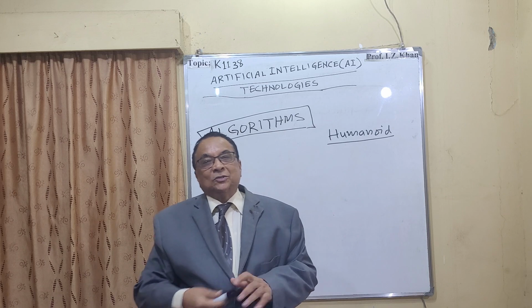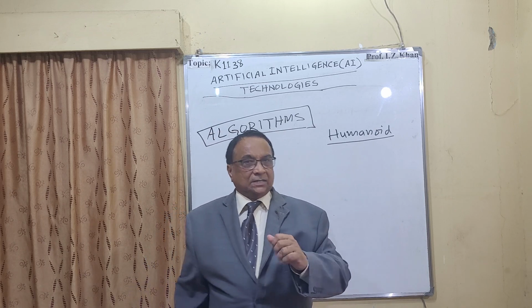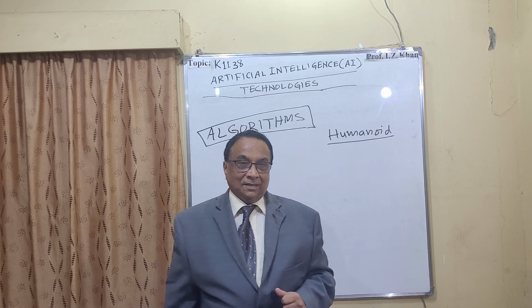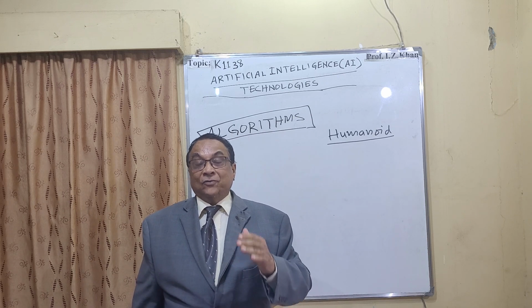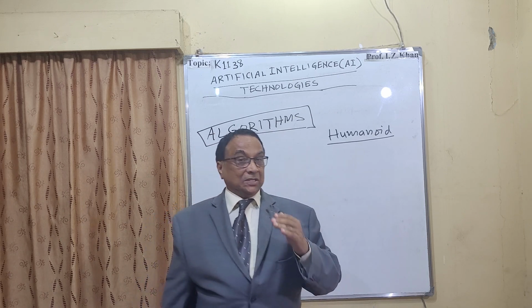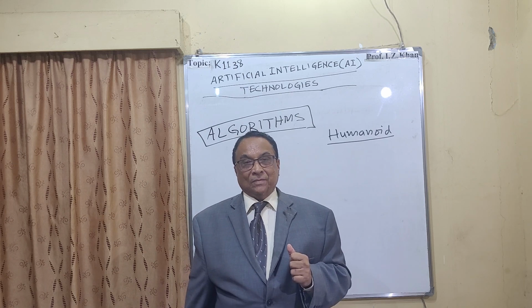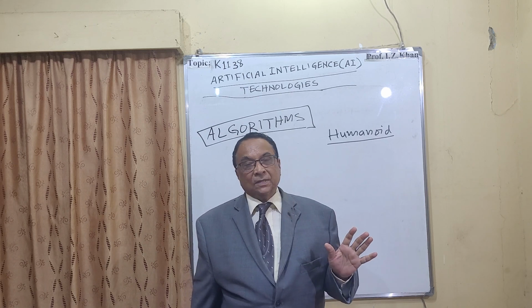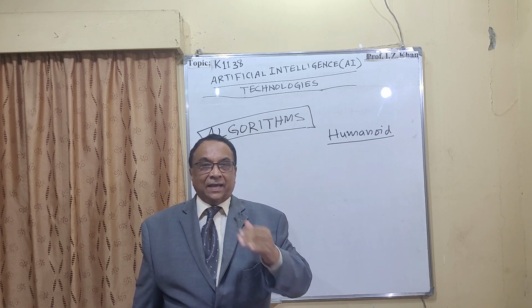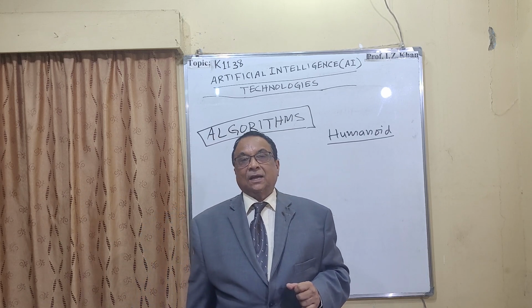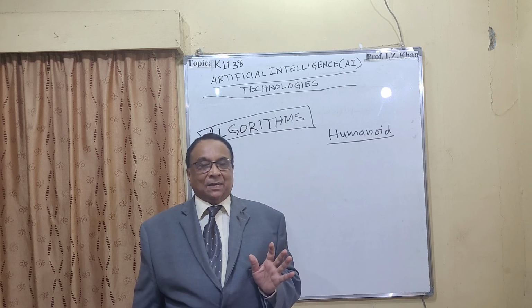And what is an algorithm? Actually, an algorithm is an instruction, a rule applied to all that data, and the system follows that rule and instruction. Without an algorithm, we can't do anything in AI technologies. And I am going to give two simple examples.